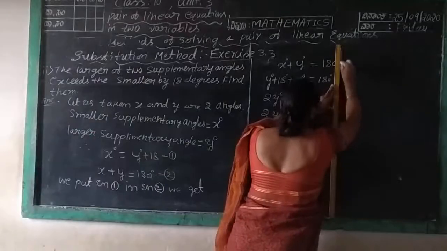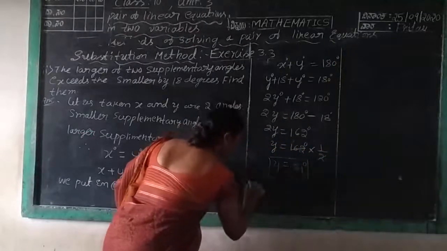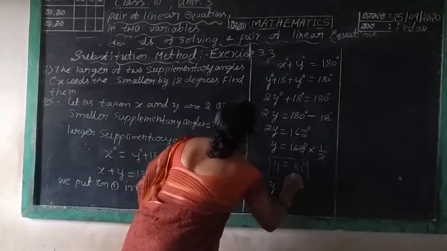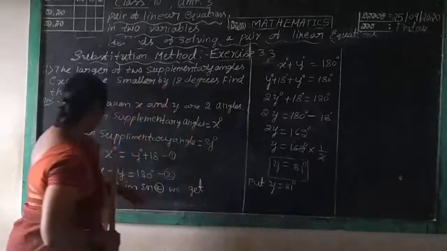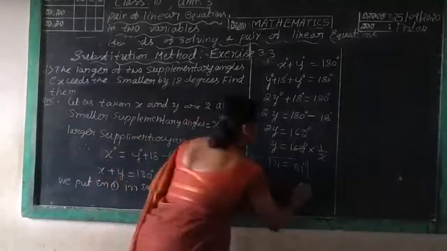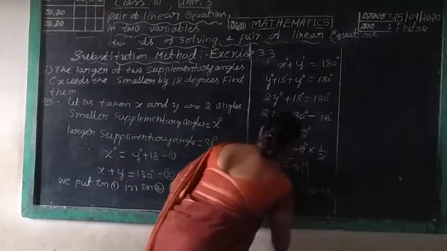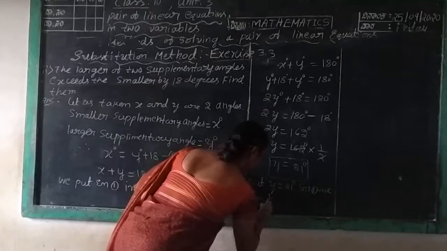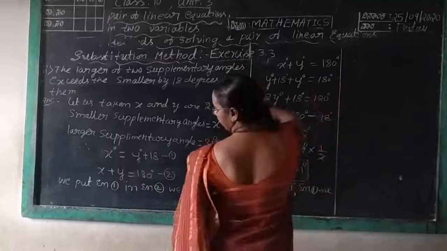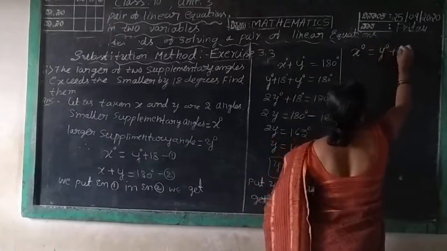We will find the x value. Then we put the y value into any equation. Put the y value into equation 1. Equation 1 we get x degree is equal to y degree plus 18.